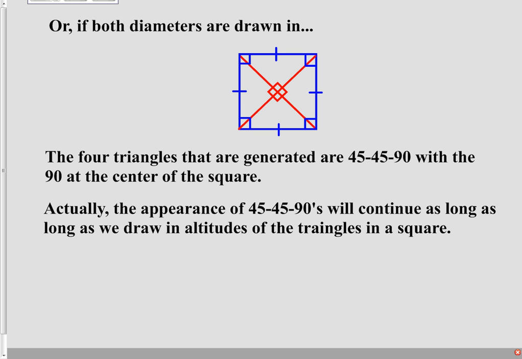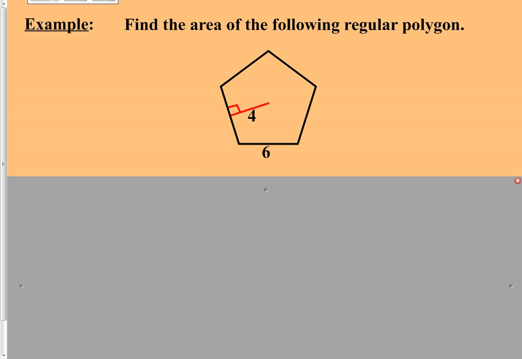And as you can imagine, this can get as bad as the person putting the diagram together feels like making it. So please understand the relationship between the square and the 45, 45, 90s that are built inside of it. The rest of this should have been just examples.